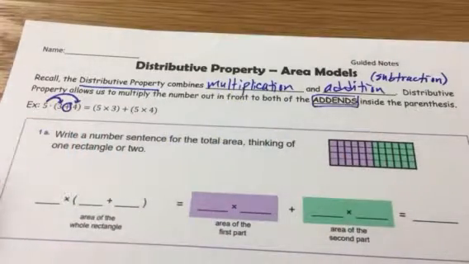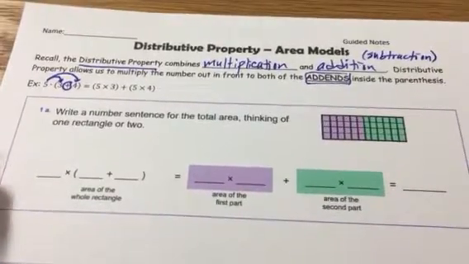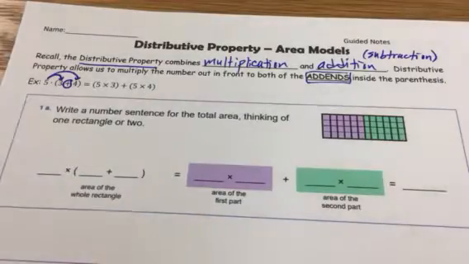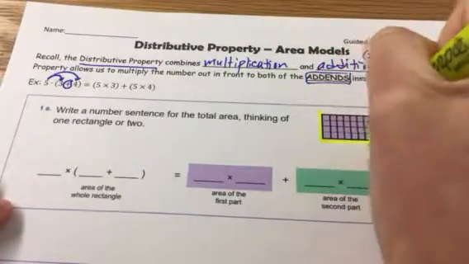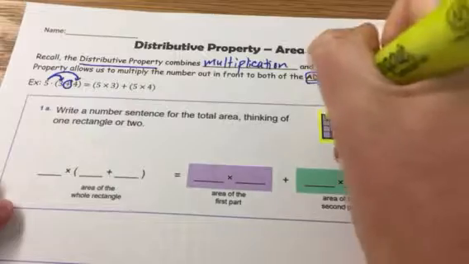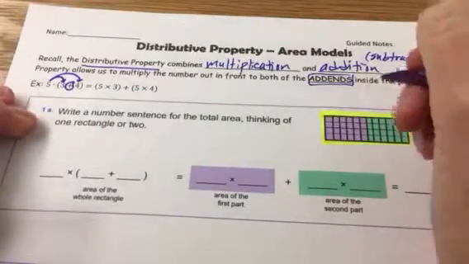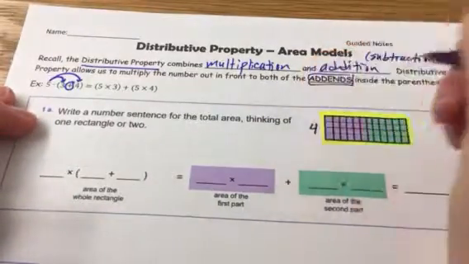But before we do that, let's go ahead and look at some visuals to get an idea of what the distributive property actually is. So we have a larger rectangle. And if you remember back in 3rd and 4th grade, we can find the area of rectangles by multiplying length times width. So if I have this rectangle here, let's see, this is 1, 2, 3, 4 units tall.